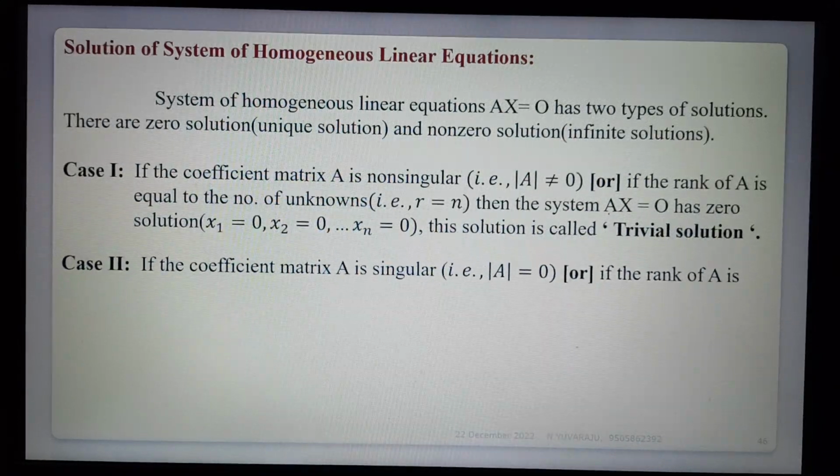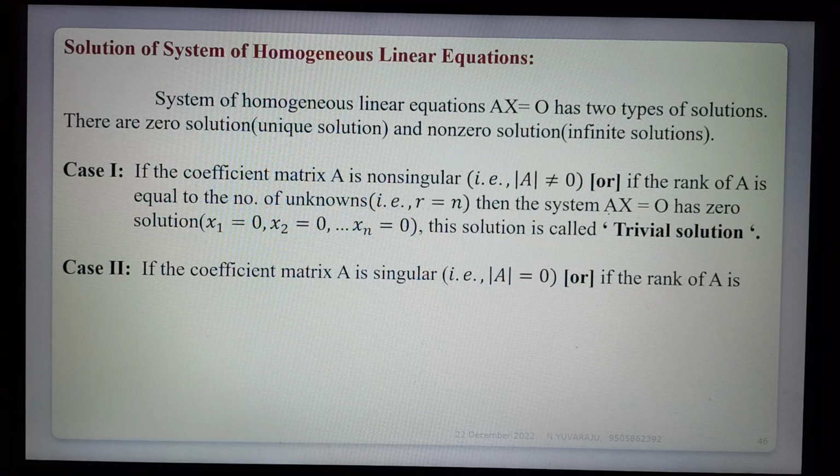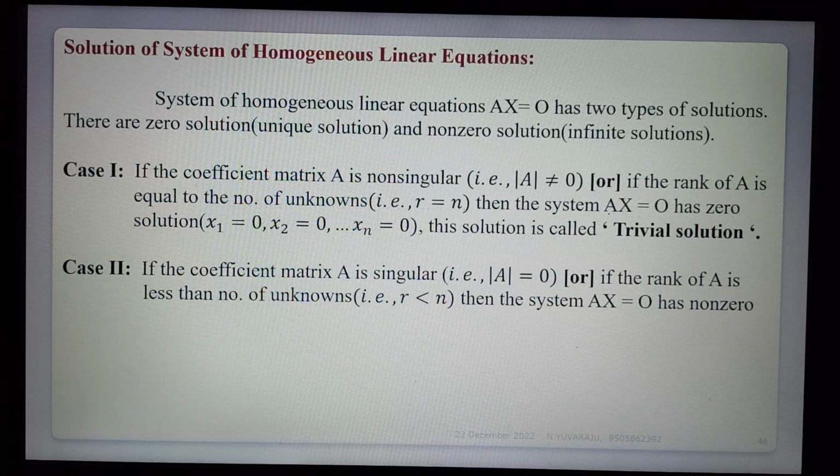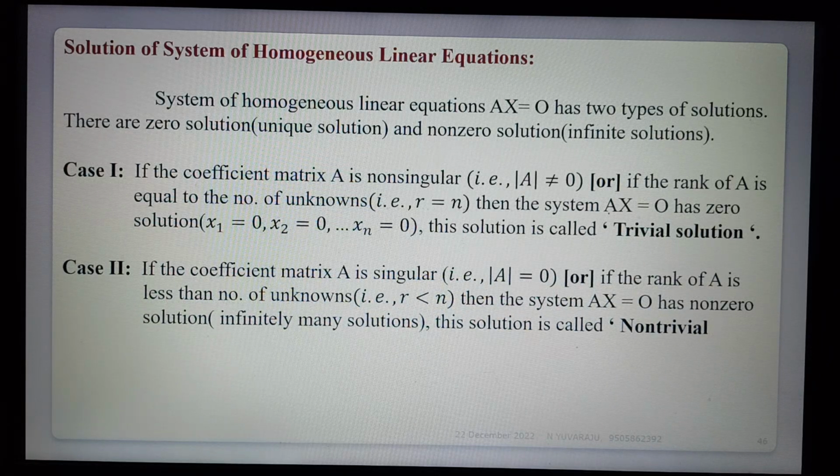Next, case 2: if the coefficient matrix A is a singular matrix, that is det A is equal to 0, or if the rank of A is less than the number of unknowns, then the system has a non-zero solution, that is infinitely many solutions. This solution is called the non-trivial solution.